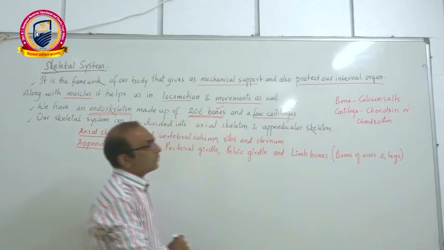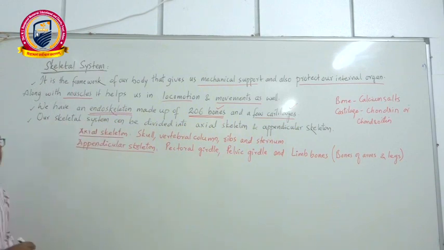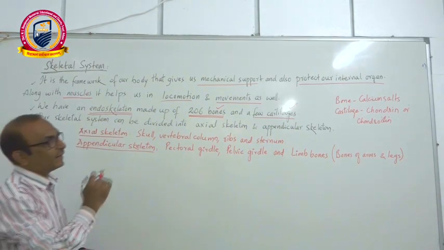So this chondrin material makes up the cartilage, which is softer than the bones.